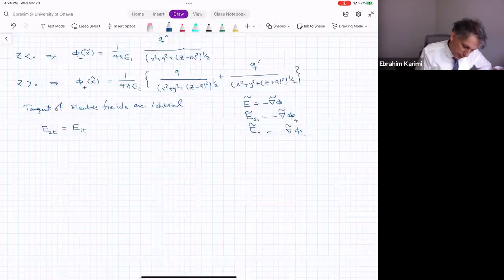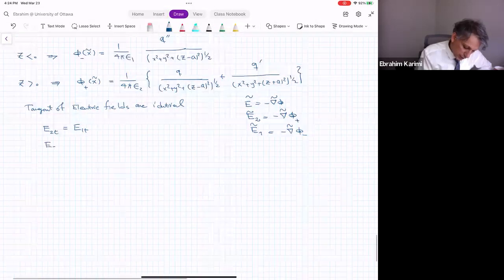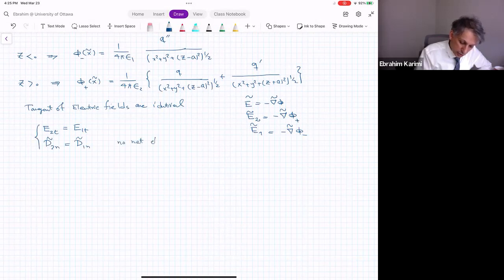So now we go with the continuity issue, and let's see what we will get from it. We know that D2n is equal to D1n because there is no net charge density at the boundary.